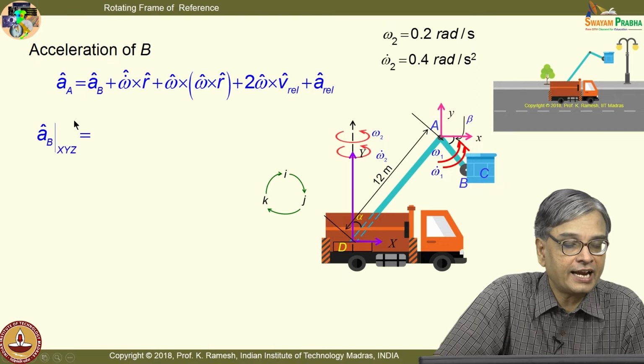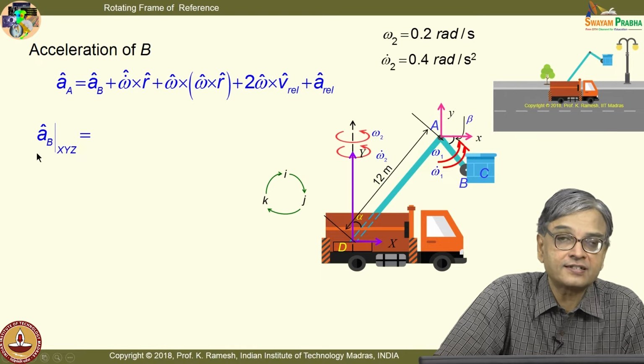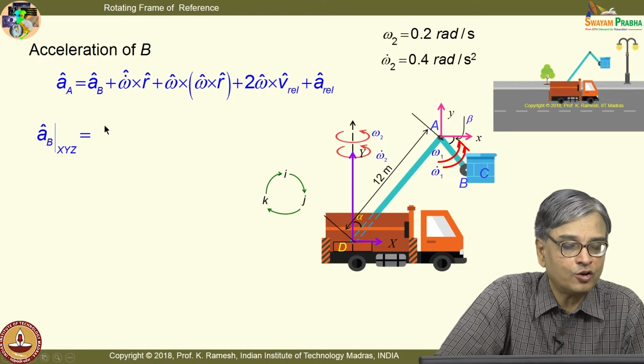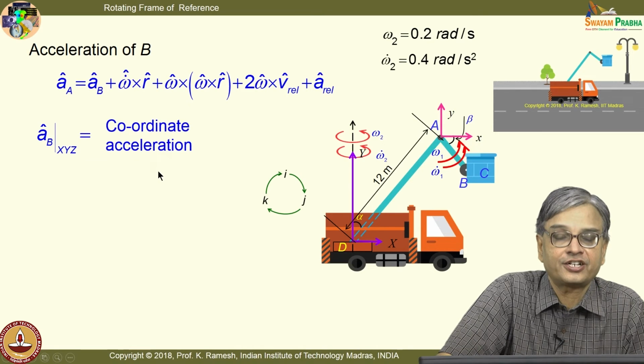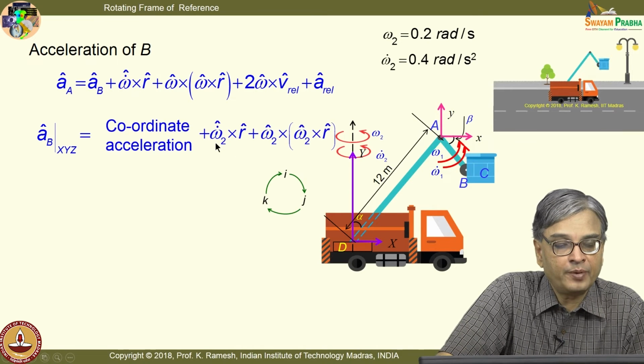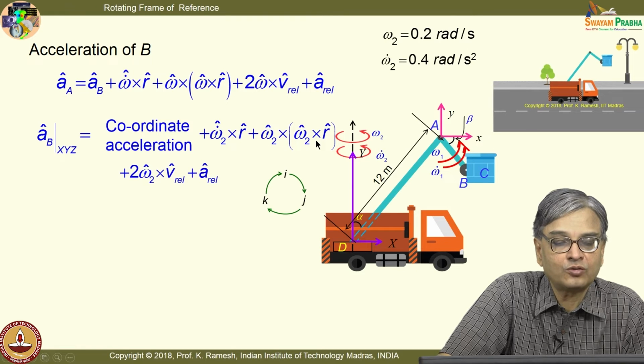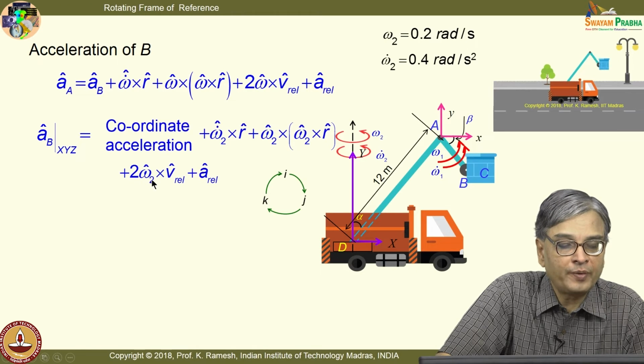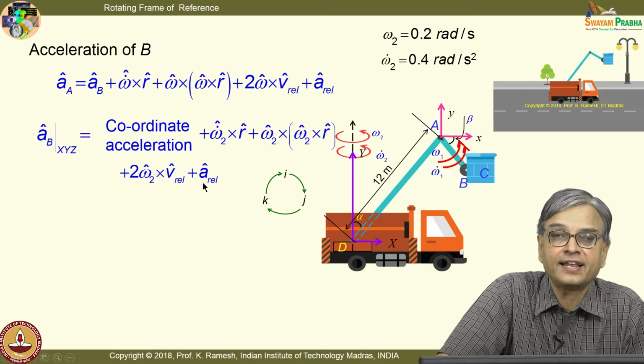So, here again I can write this as the point of interest is B, xyz equal to coordinate acceleration, AB. I will write it as coordinate acceleration, plus omega 2 dot cross r plus omega 2 cross omega 2 cross r, 2 omega 2 cross VREL plus AREL.